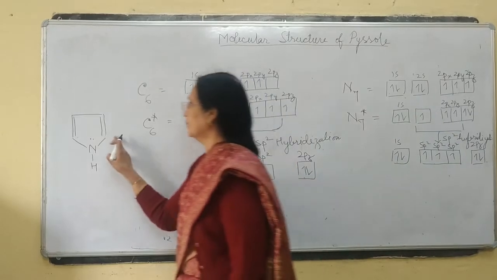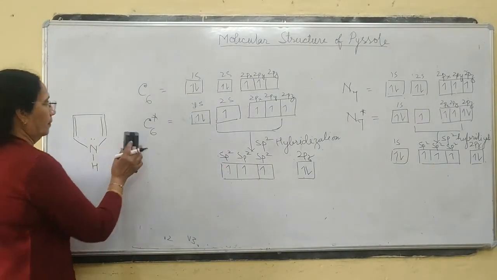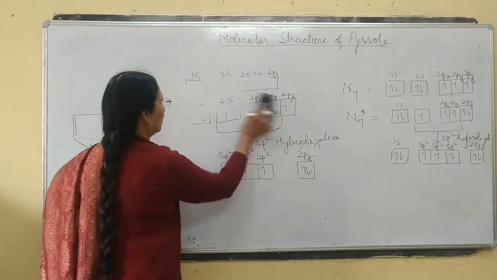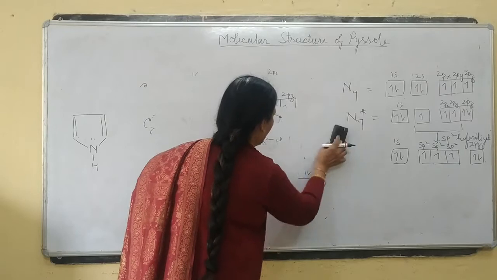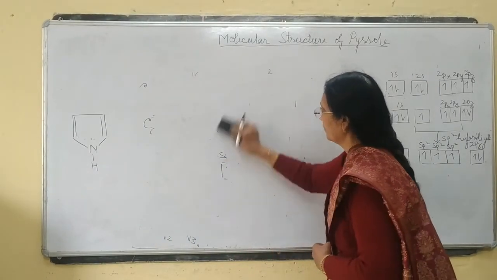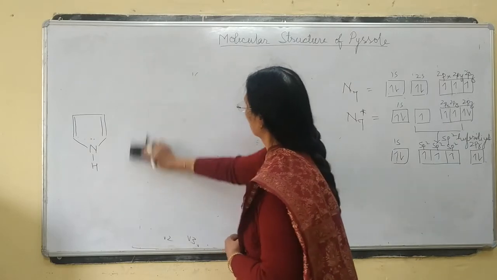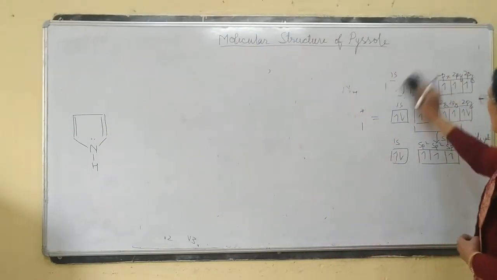So each carbon atom is showing sp2 hybridization, and its hybridized orbital overlaps with the orbital of hydrogen, forming a sigma bond.